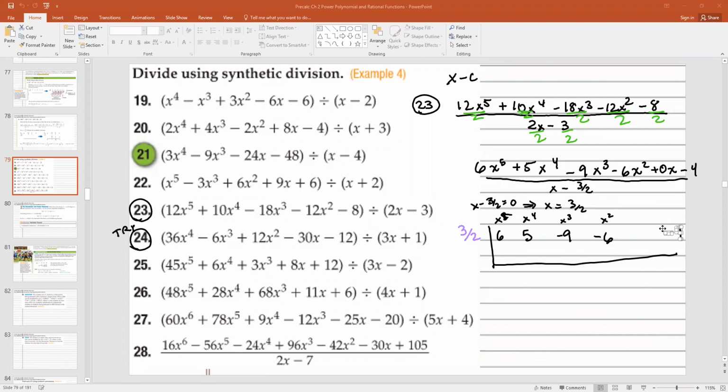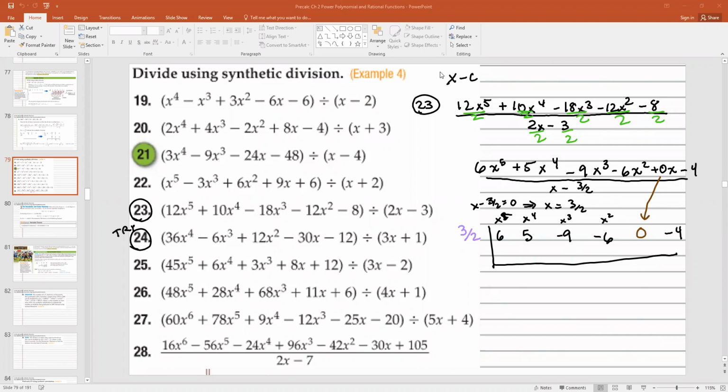So if there's no x term, or if an x cubed term or an x to the 4th term is missing, you want to make sure to put a 0 there. Otherwise, everything is going to be wrong. So make sure to put that 0 there. And then we have our constant, -4. Make sure to have those placeholders.